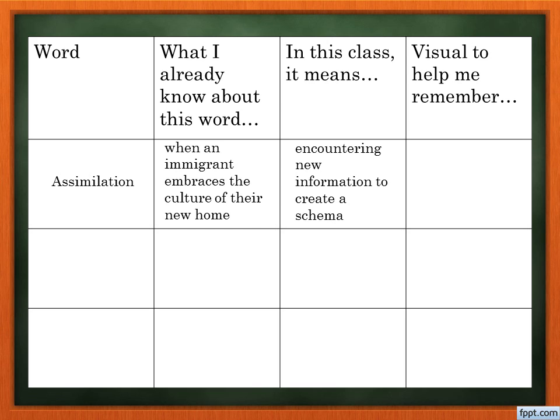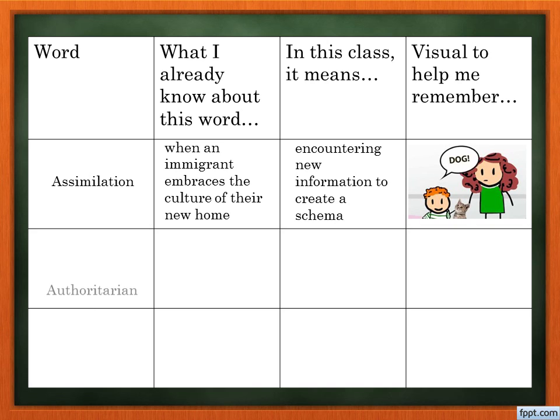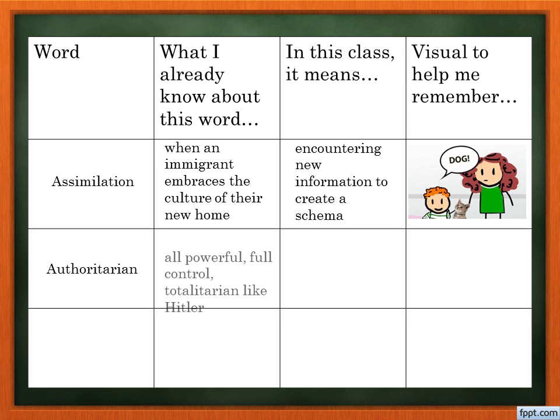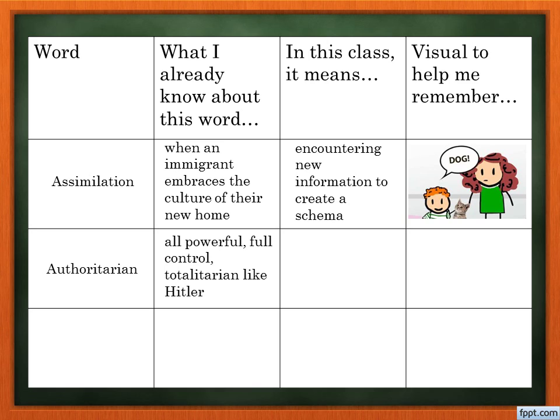Like if you knew what assimilation meant in your history class, you can kind of guess what it meant in psychology. And so a visual to help you remember is the psychology example that I discussed earlier. And here a student remembered the word authoritarian, probably learned that from his history class too, from World War II, when discussing totalitarian governments, all powerful, full control.